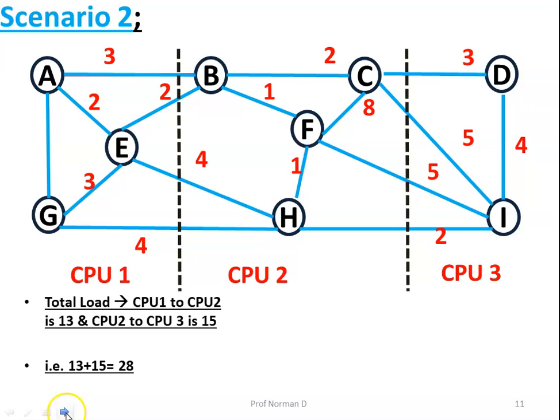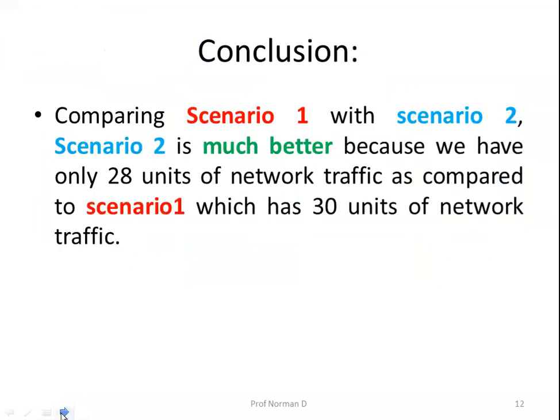So now what is the conclusion? When we compare scenario 1 with scenario 2, scenario 2 is much better because we have only 28 units of network traffic as compared to scenario 1, which has 30 units of network traffic. So this is the working of the graph theoretic deterministic algorithm.